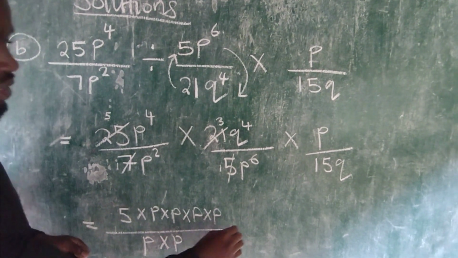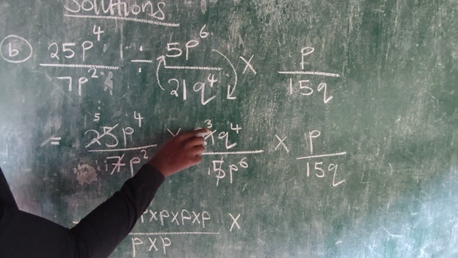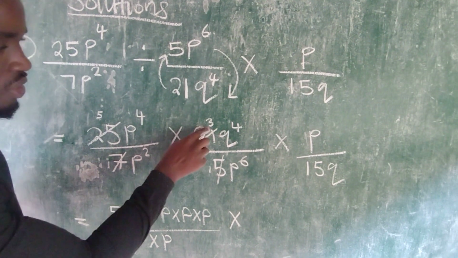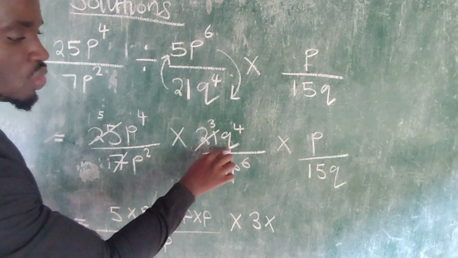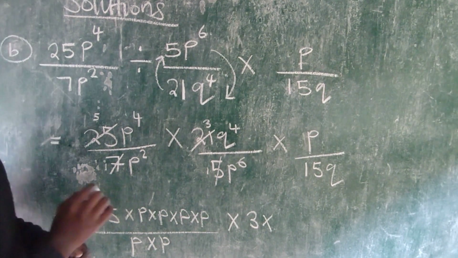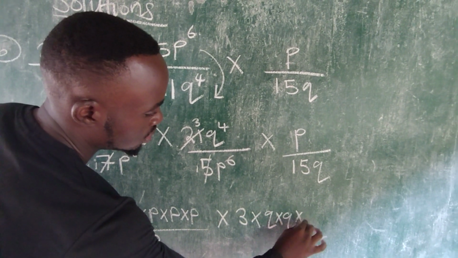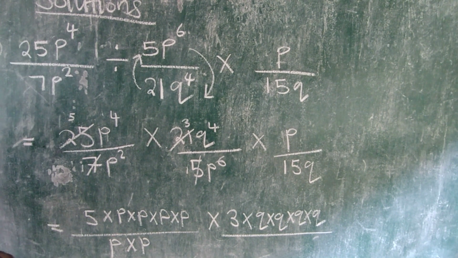We come to this one, times. Here we got a 3, so we are remaining with 3q to the power of 4. This means 3 was multiplied with q. Now this q was multiplied by itself how many times? 4 times, because it has a power of 4. So I'll write q times q times q times q, 4 times, on top.